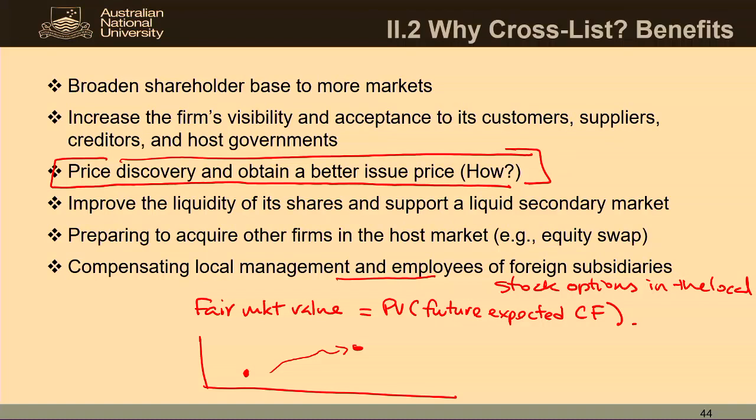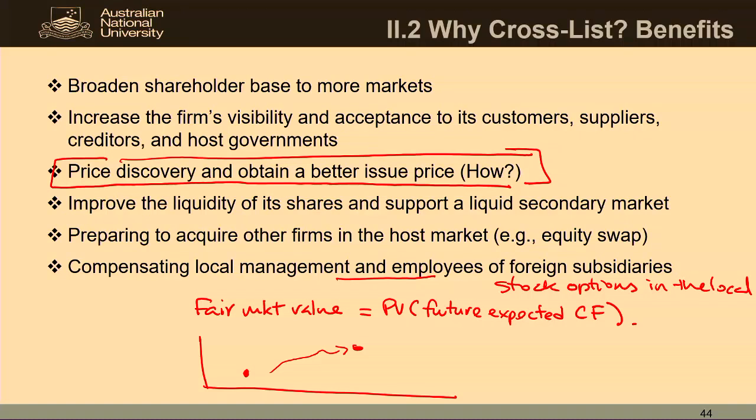Definitely. Very good. So the idea is that if you are on a sophisticated stock exchange, then you are going to have more analysts and equity research analysts to cover your stock, right? Why is the stock price not at its fair market value right now? Information asymmetry.